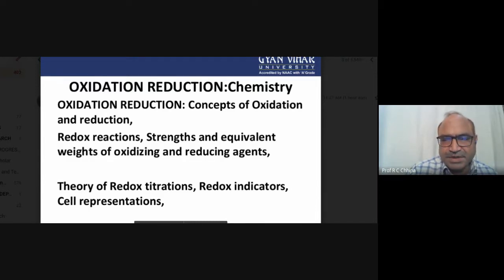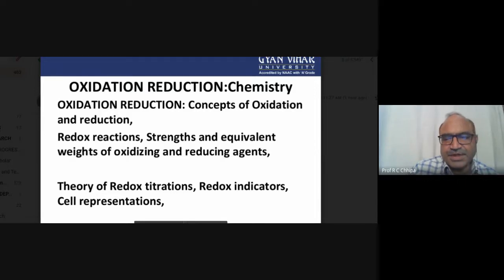The theory of redox titration is based on electron transfer, and there are redox indicators. With the help of indicators we can check any titration. Here, in the redox titration, phenylanthranilic acid is used as an indicator, though others are also used as redox indicators.